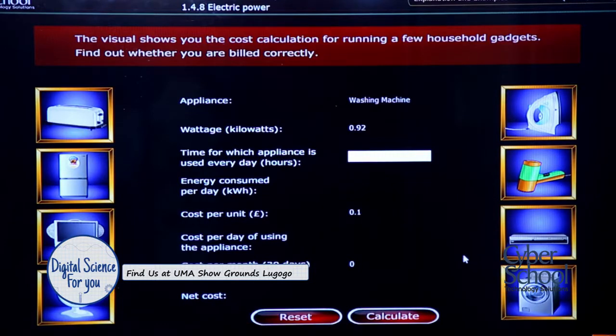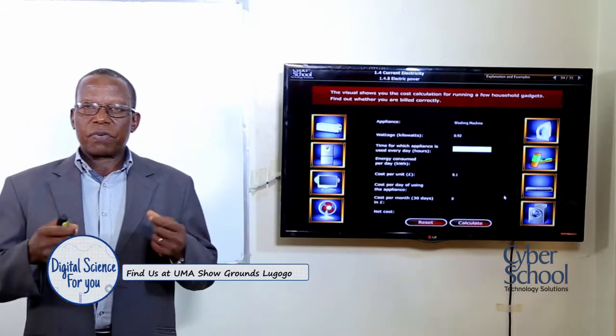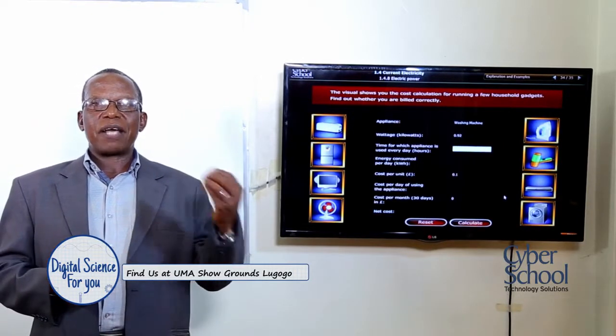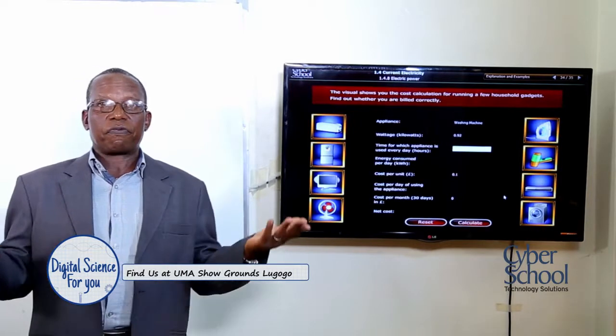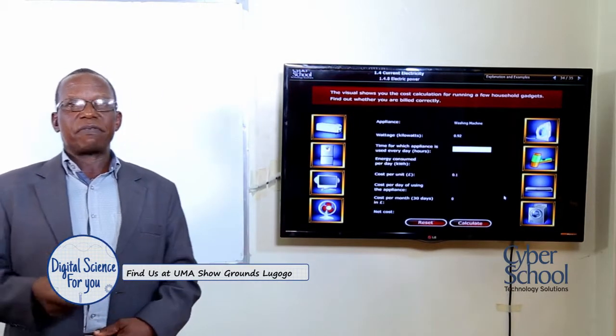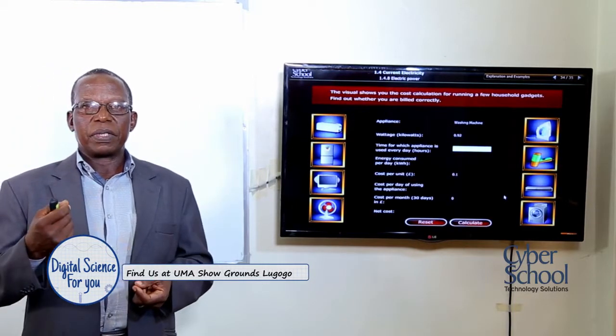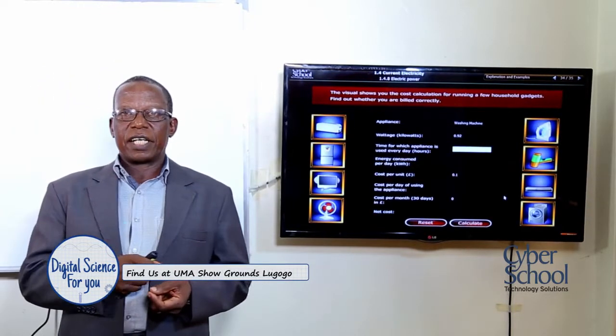Now, all these machines need power. So it is important that we don't rely only on hydroelectric power, because if it goes off, we need an alternative source. And that is why we want to discuss alternating current generators.